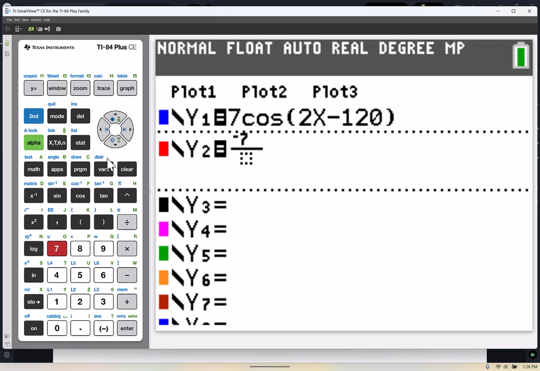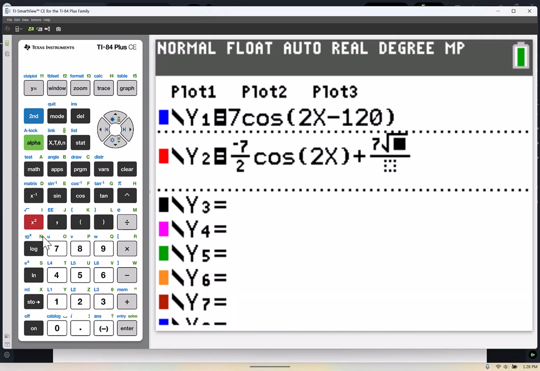Negative 7 halves cosine 2x plus, or was it minus? No, plus. My little fraction feature again. 7 square root of 3 over 2 sine 2x.